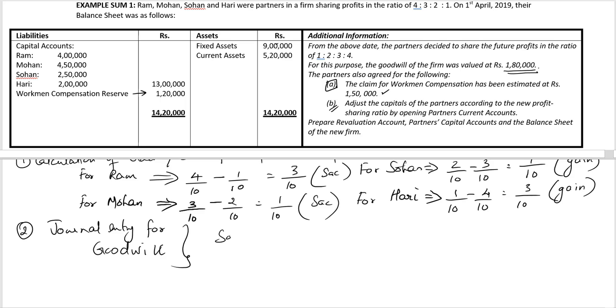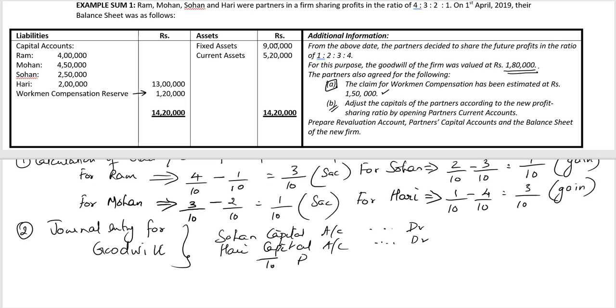The gaining partner, Sohan capital account, Hari capital account, both of them debited. To Ram capital account, to Mohan capital account.